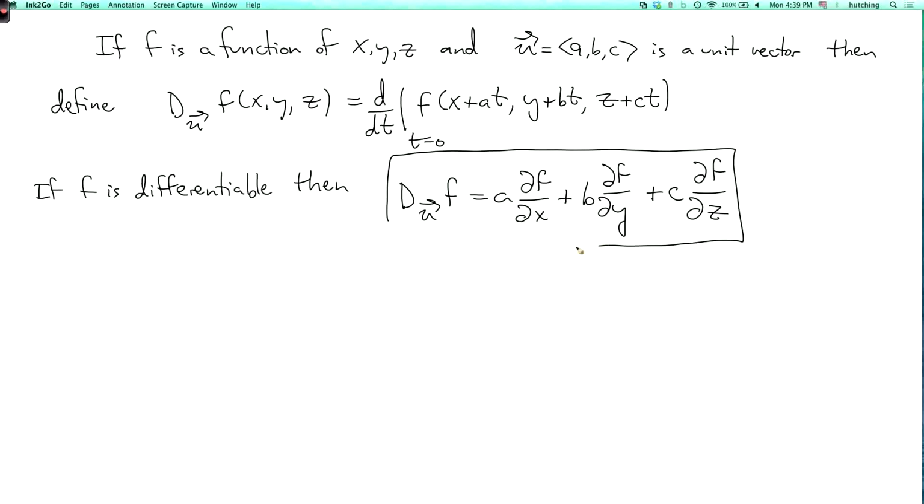And again, you can get the partial derivatives with respect to x, y, or z by taking the directional derivative when u is one of the coordinate vectors.